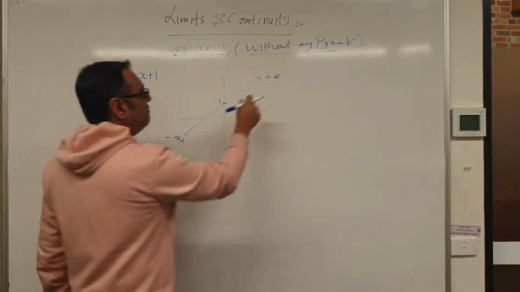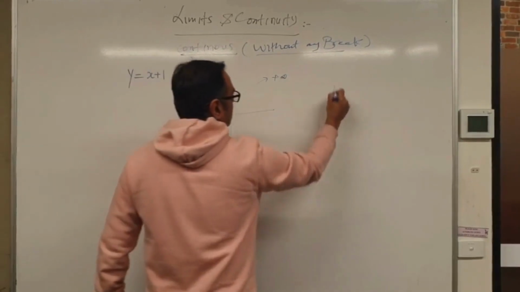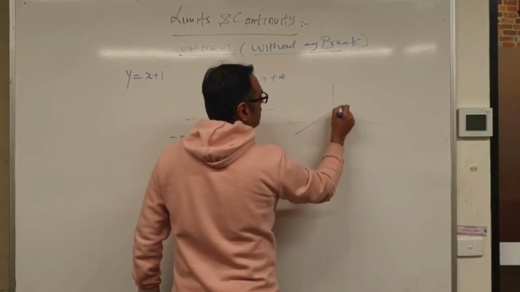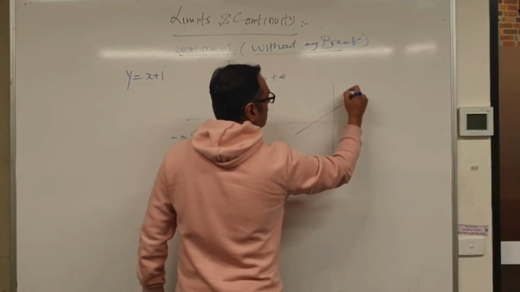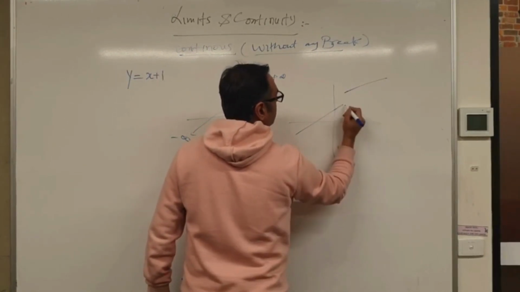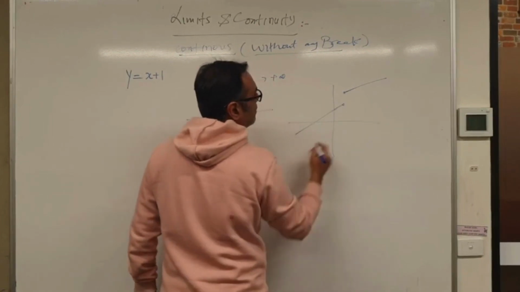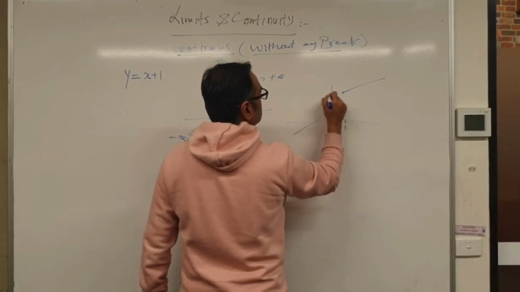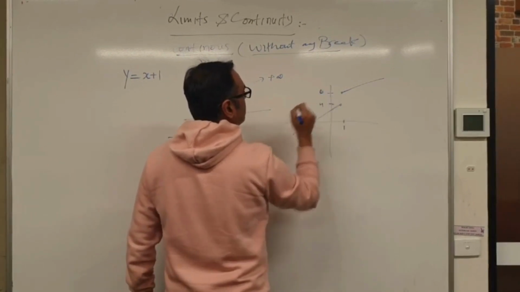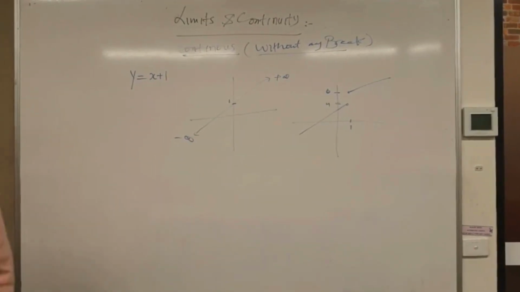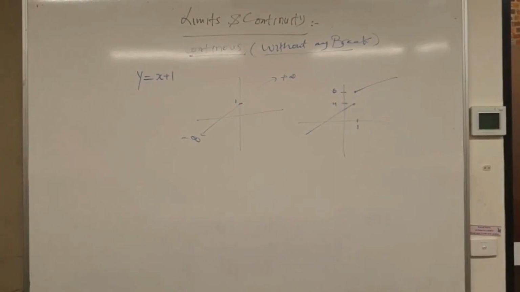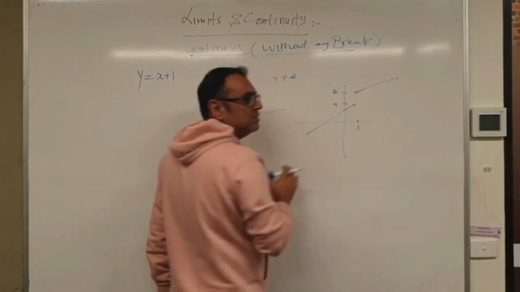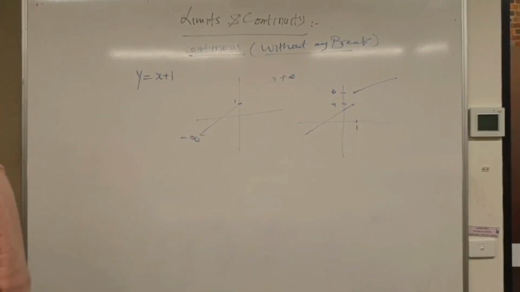Now, if I change it and draw another graph, let's say that value is 1, that value is 4, that value is 6. Hypothetically, you've got this graph. Do you feel that this graph is without any breaks?